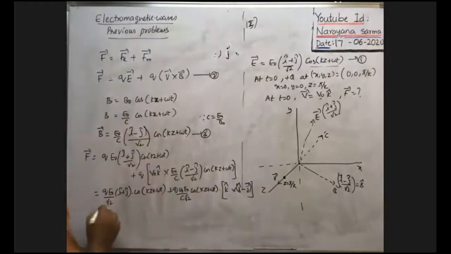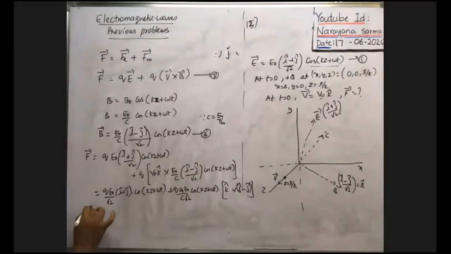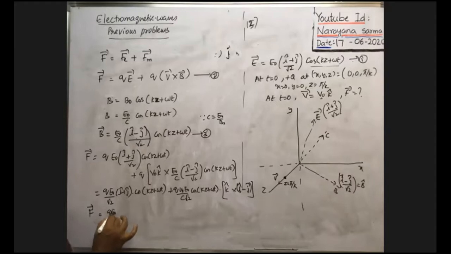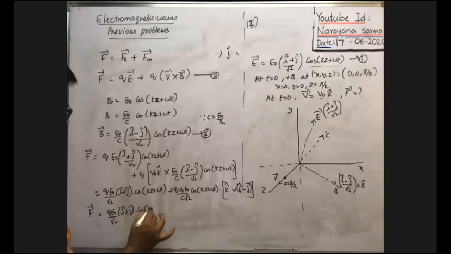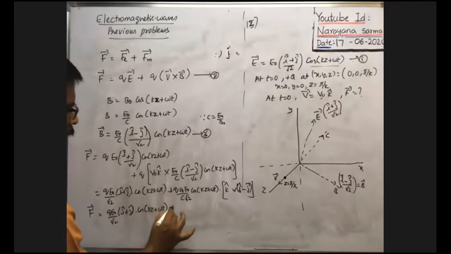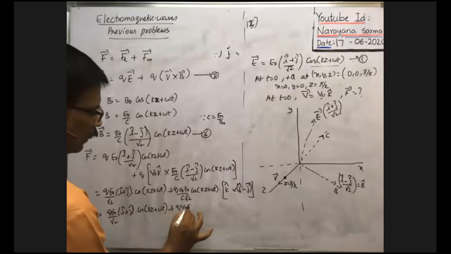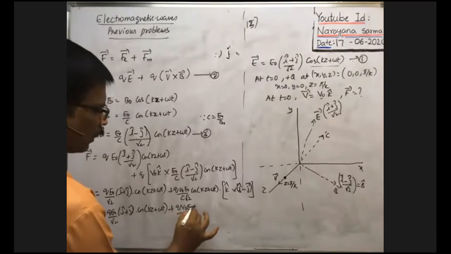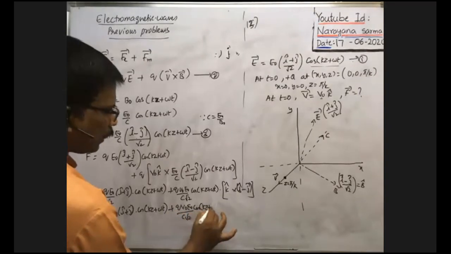So the force acting on the charged particle is equal to Q E naught by root 2 (i cap plus j cap) into cos(kz + ωt) plus Q v naught E naught by c root 2 into cos(kz + ωt).